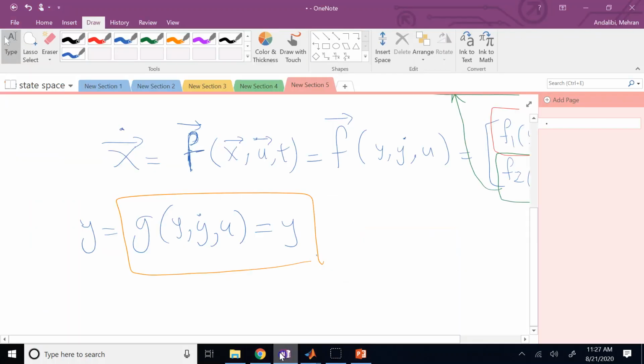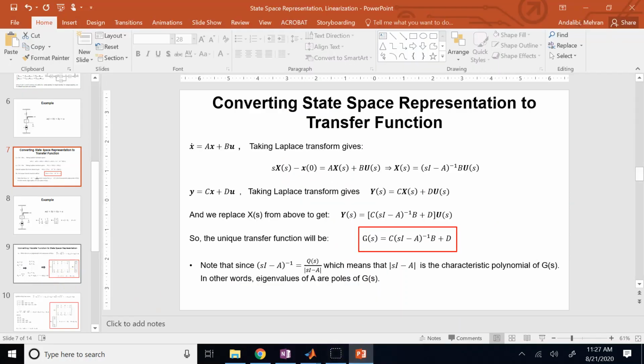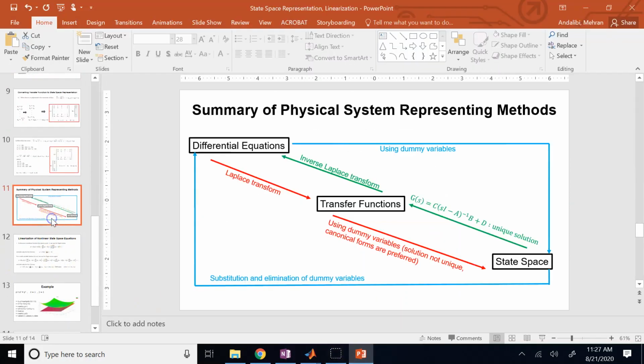I learned that there are three ways. And I know how to go from ODE to state space and how to go from ODE to transfer function, right? So I learned those. When I want to go from differential equations to transfer function, what do I apply? Laplace transform. When I want to go back from transfer function to differential equations, I apply what? Inverse Laplace.